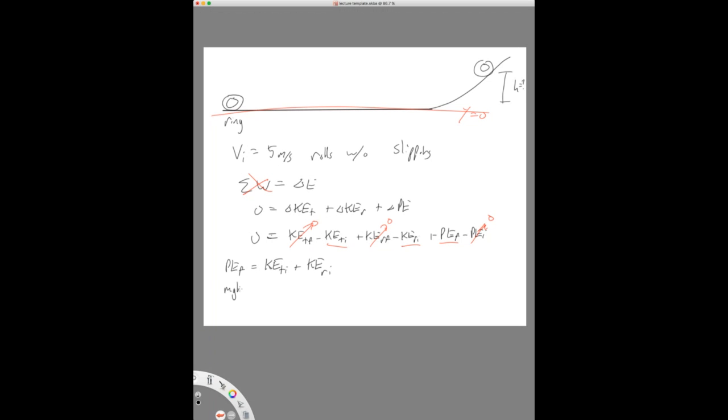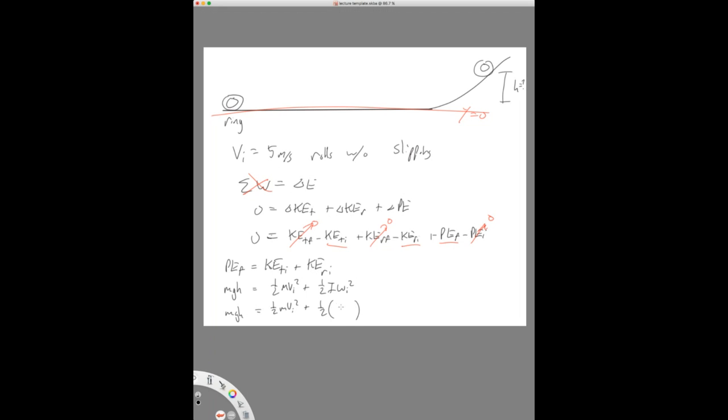We then have m times g times h equals 1/2 m v initial squared plus 1/2 I omega initial squared. And here's where we have to put in what we know about moment of inertia, so we have to look it up for a ring.